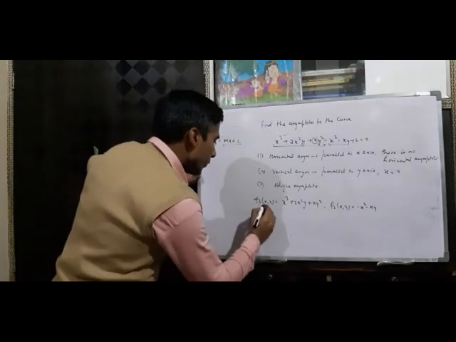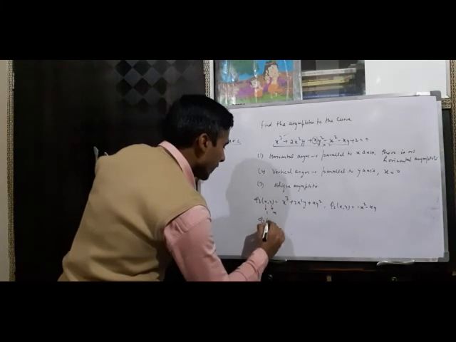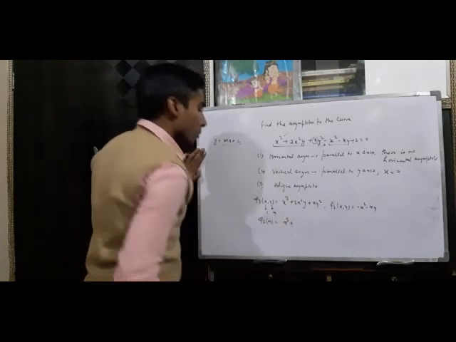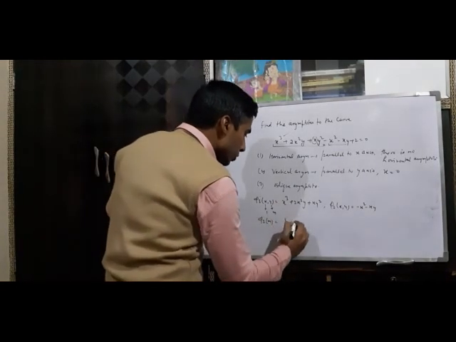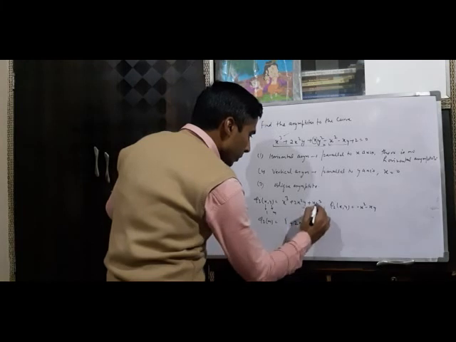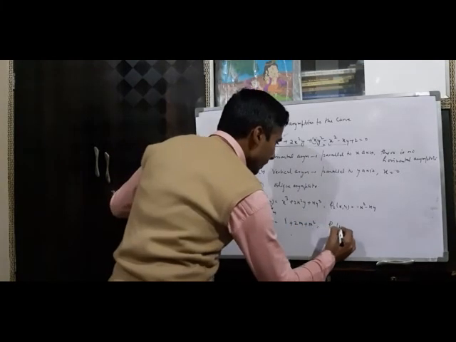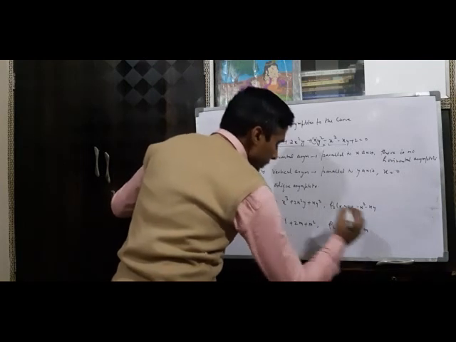If we put x as 1 and y as m, we get phi 3 of m is m cube plus 1 plus 2m plus m square, and phi 2 of m is minus 1 minus m.